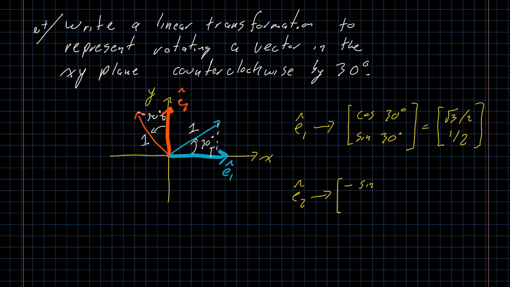So negative of sine of 30 degrees. The y direction is the adjacent side to that angle. So cosine of 30 degrees there. So knowing our special angles, -1/2, square root of 3 over 2.